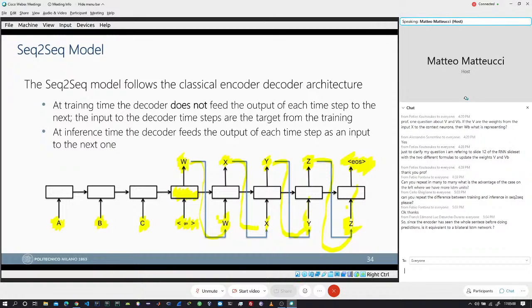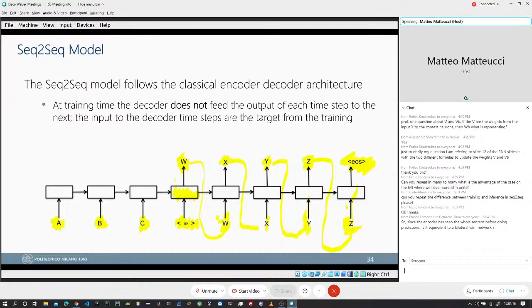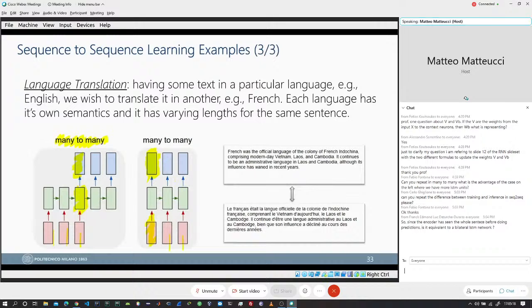Okay. There's another question. Since the encoder has seen the whole sentence before doing prediction, is it equivalent to a bidirectional LSTM network? Not really, because in this case, let me erase everything.